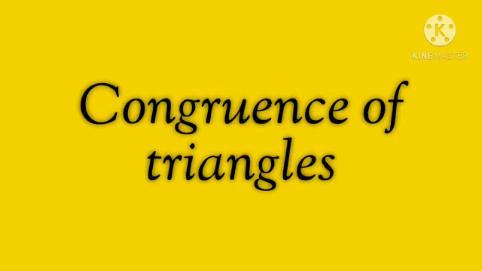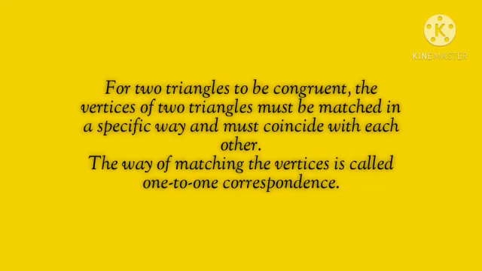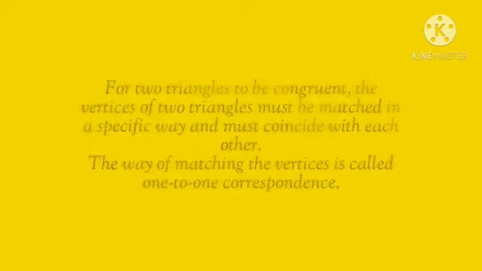Congruence of triangles. For two triangles to be congruent, the vertices of two triangles must be matched in a specific way and must coincide with each other. The way of matching the vertices is called one-to-one correspondence.